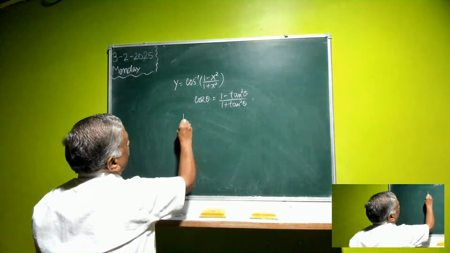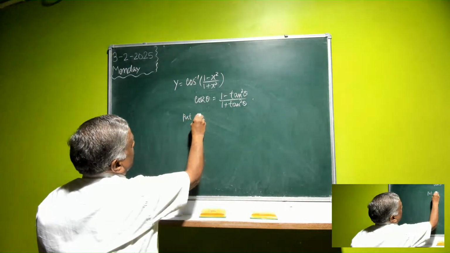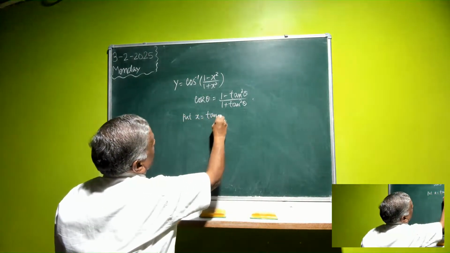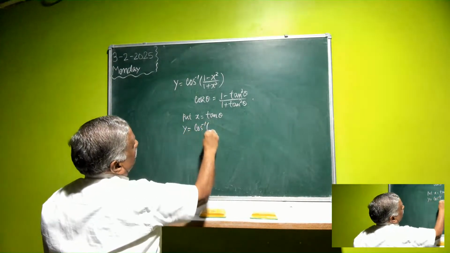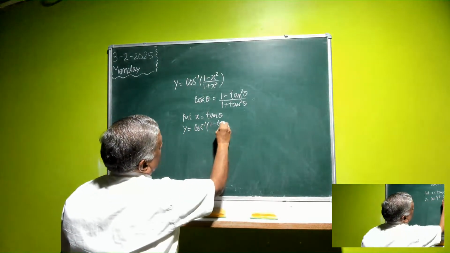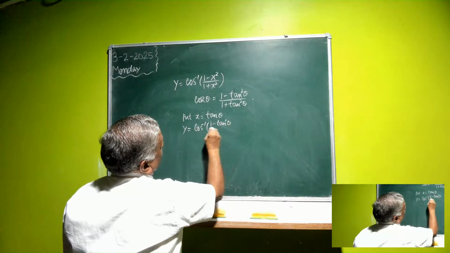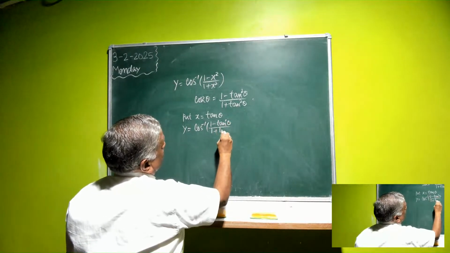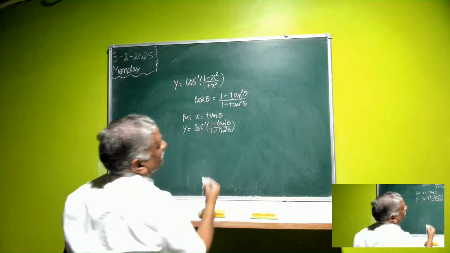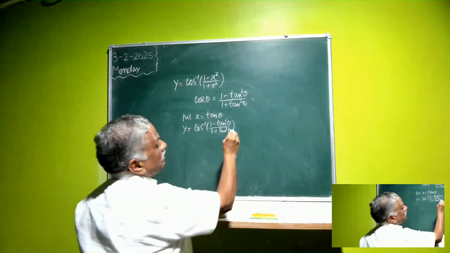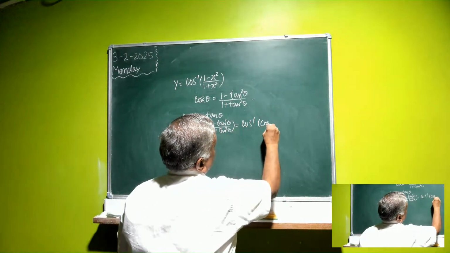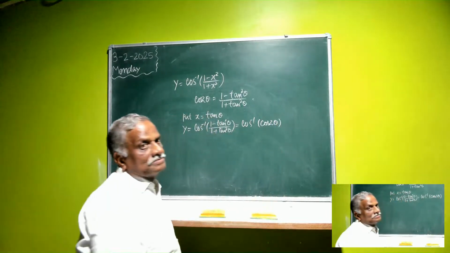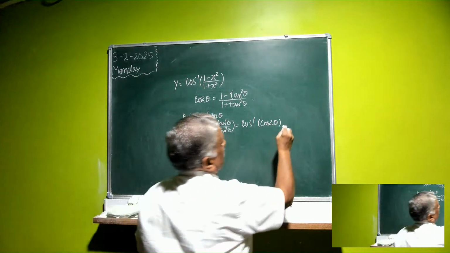So, for this problem, put x is equal to tan theta. What do you get? Cos inverse of 1 minus tan square theta over 1 plus tan square theta, which is nothing but cos 2 theta. Cos inverse of cos 2 theta is equal to 2 theta.